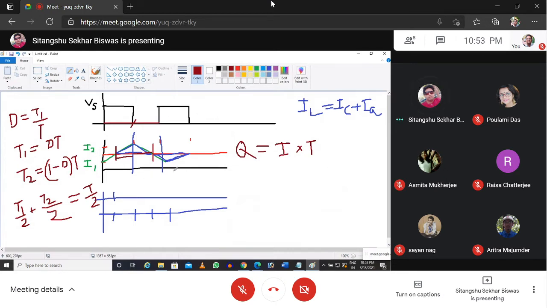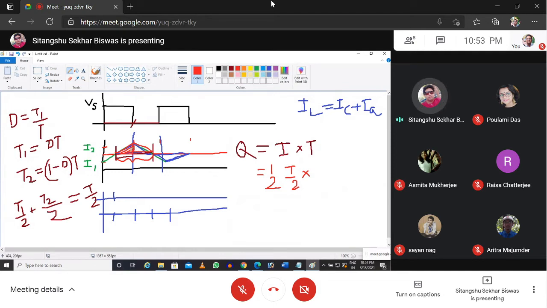Now if you see this triangle, basically the area of the triangle is the charge. So that is half into this, which is T by 2, into this height.